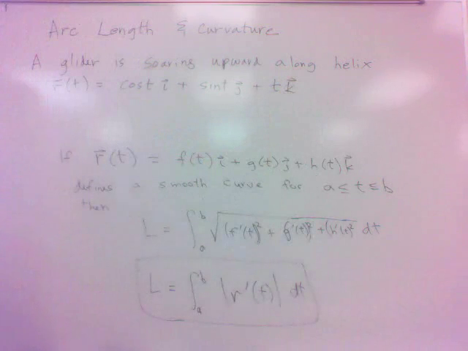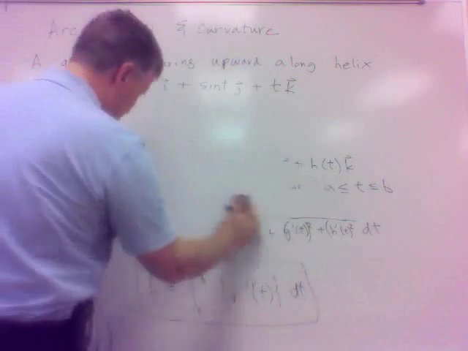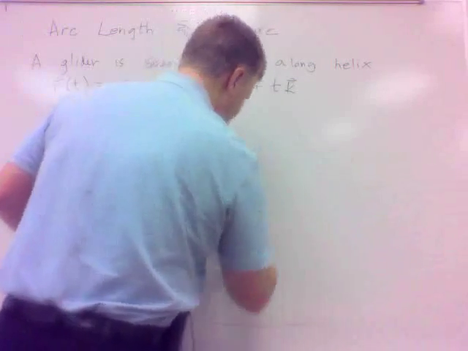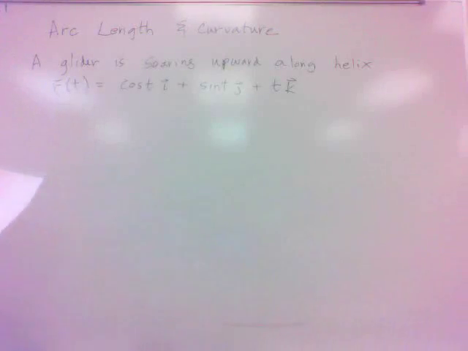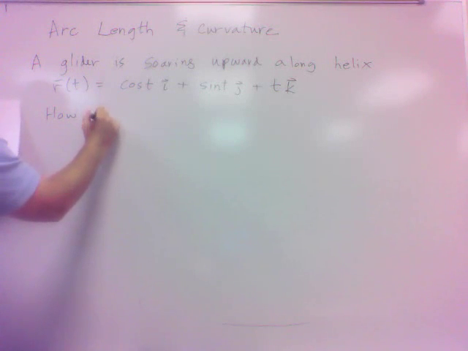That may look familiar; that's our little circular helix, winding its way up. So how long is the glider's path from t equals 0 to t equals 2 pi?